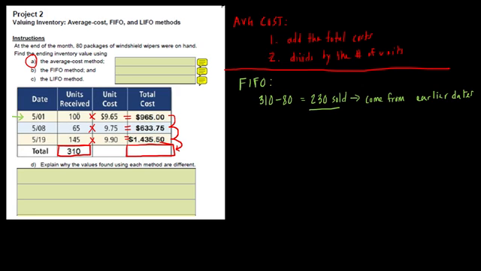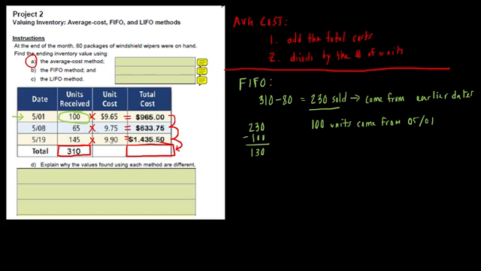So notice that there are 100 units from May 1st. So that means 100 of these units came from May 1st, and of the 230, we've just accounted for 100 of them, which leaves another 130 that we need to figure out.